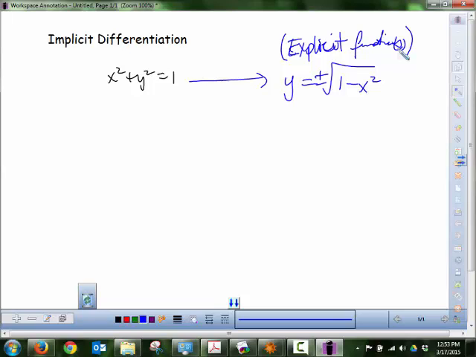So implicit differentiation for a problem like this, we think of y as an implicit function of x.